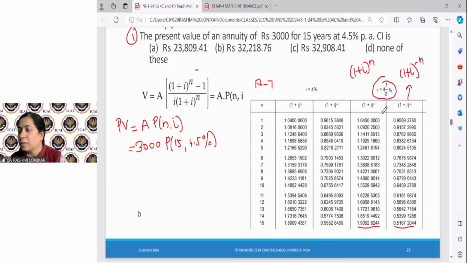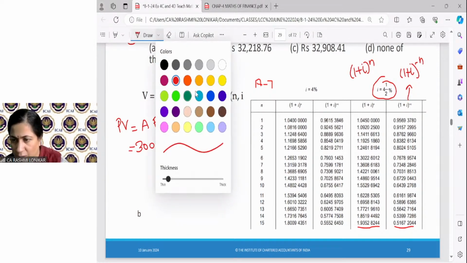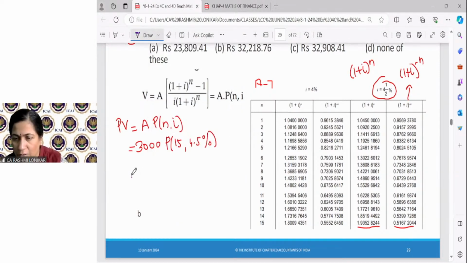Okay, they have given you both the values. Even if they give you only one value, you know that, remember in indices we have done, 1 plus I raised to minus n is nothing but 1 upon 1 plus I raised to n. Remember all this? Okay. So here they have given you the values.